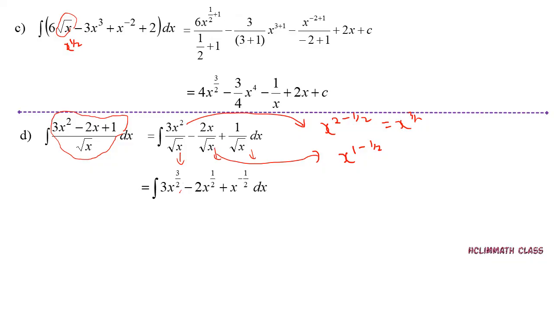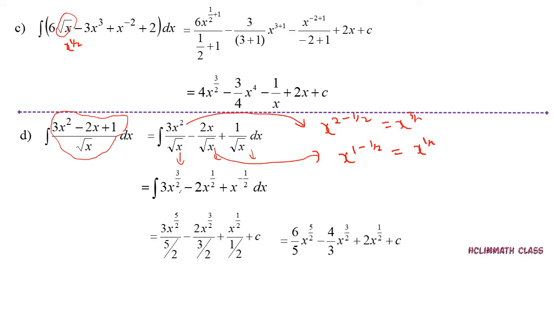Since it's a division, we just subtract the power. So we get 1 over 2 here and so on. Then after that, only we apply the rules of integration. And you simplify it and you will get the final answers. So I hope that after this, you can go back and try.